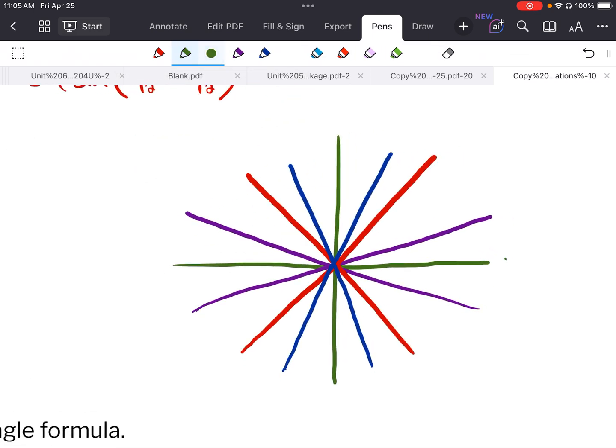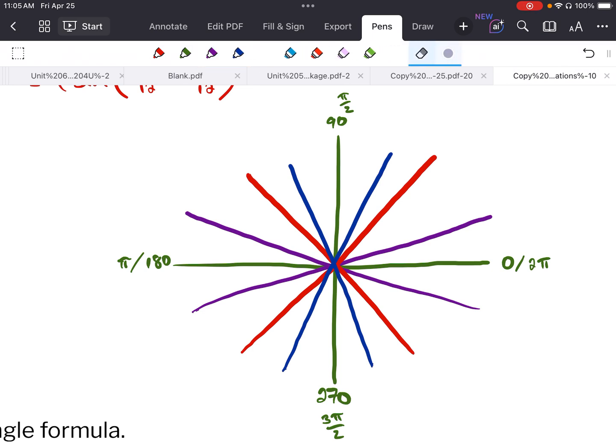Okay, so the green parts are the 0, 90, 180, 270, or we also know them now as pi over 2, pi, 3 pi over 2, 2 pi.